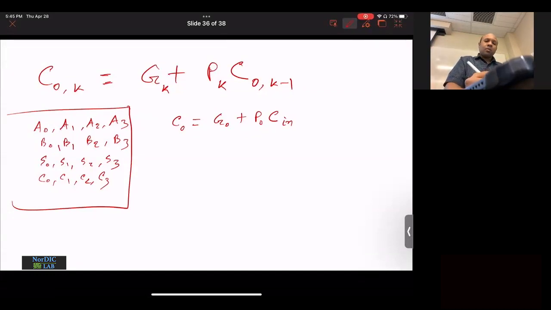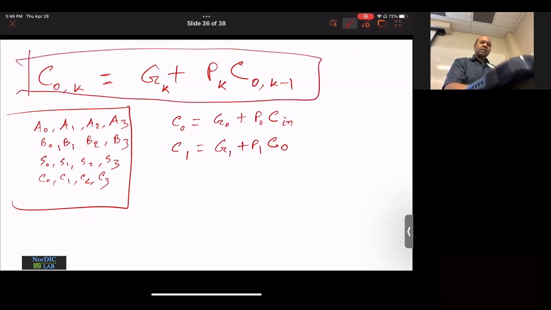Okay. What is the carry 1? It's gonna be generate 1 plus propagate 1 times carry 0. Does that make sense? Please try to double check that with this ideology. Are you all good with it? Okay.